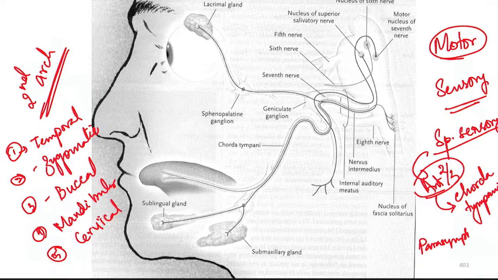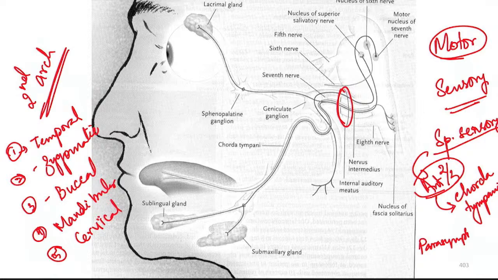Remember that. The first motor branch of this facial nerve is within the facial canal, that is the nerve to stapedius. Then we have the posterior auricular nerve. Then the posterior belly of the digastric, also supplied by the facial nerve.